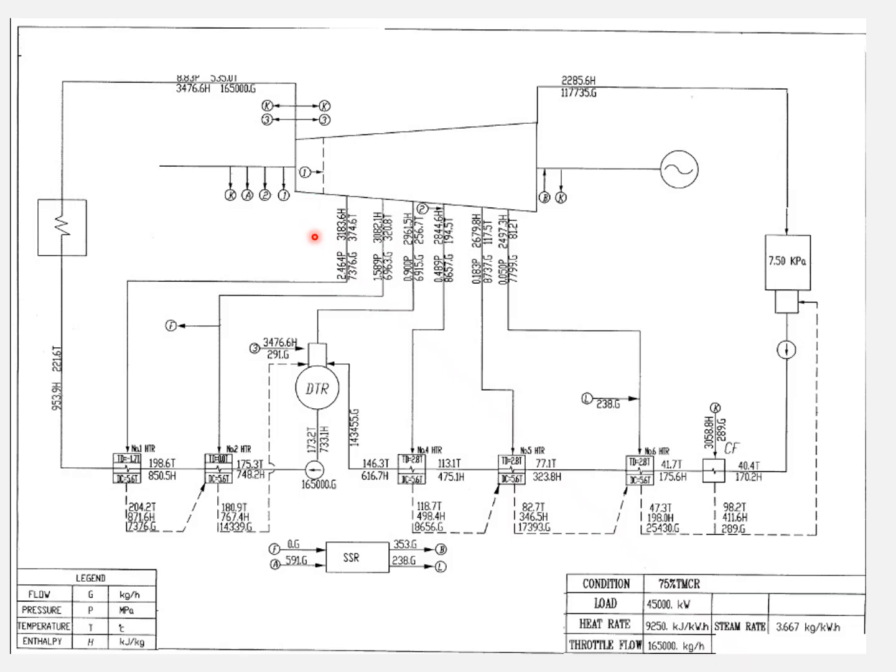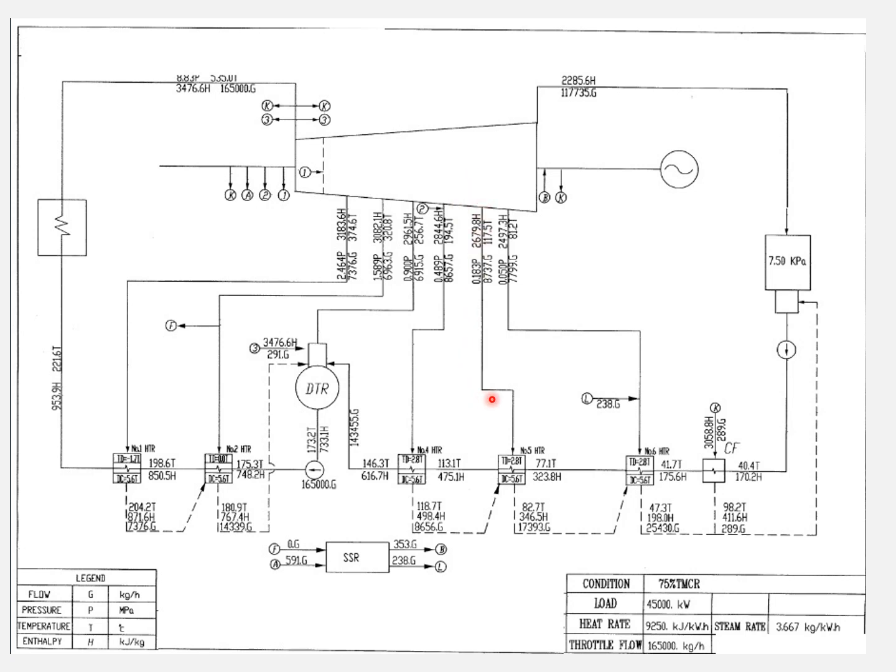Okay, this one is the turbine. So coming from this turbine, steam goes to the heaters. We go to number 5 and number 6, which receive steam from the intermediate and low pressure stages, in the feed water heating sequence.